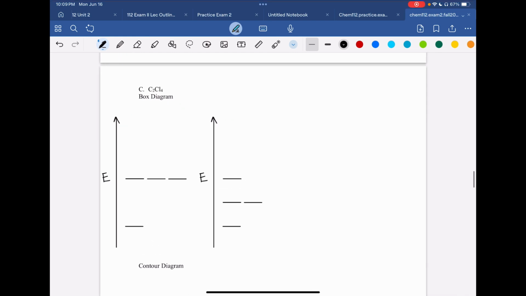I'm going to teach you something completely different he did not teach. So I'm just going to draw the Lewis structure for you. Okay, that's the Lewis structure. And remember, all these have lone pairs all around. Okay, you know the deal by now.